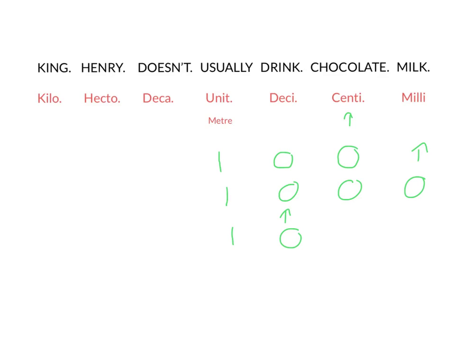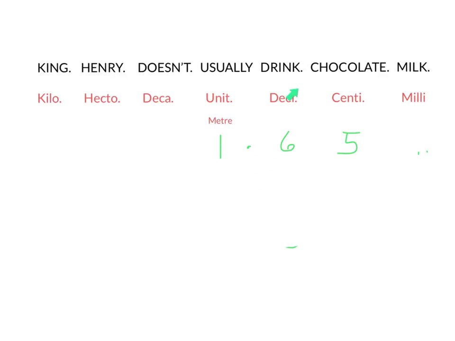But what if you're asked something more complicated? For example, what if you're asked how many centimetres is the same as 1.65 metres? Alright, so they want to know how many centimetres are in 1.65 metres, and I'm writing my 1.65 metres here because this is my metres place and I've got 1 of them. Then I've got 0.65.